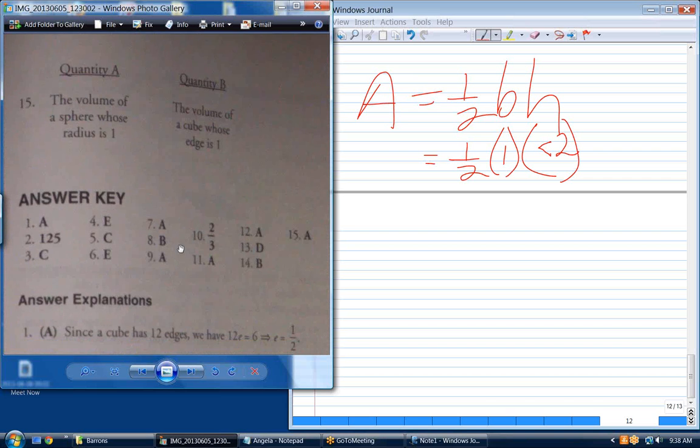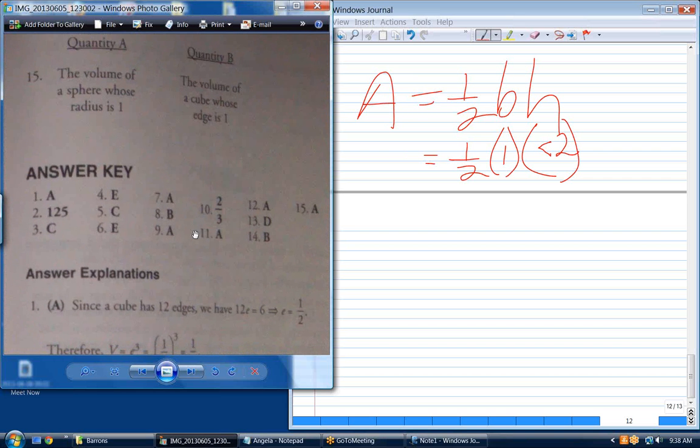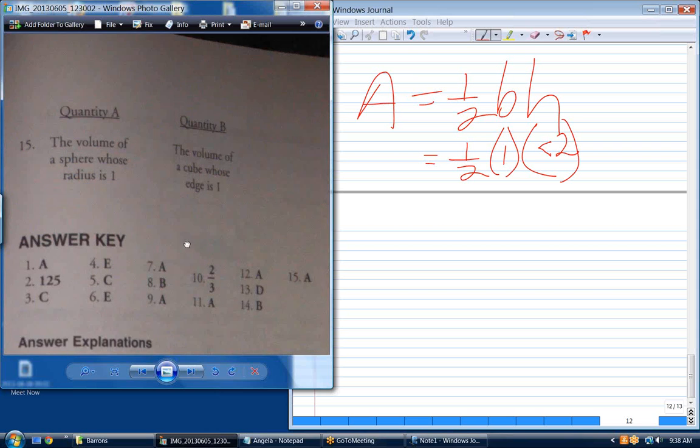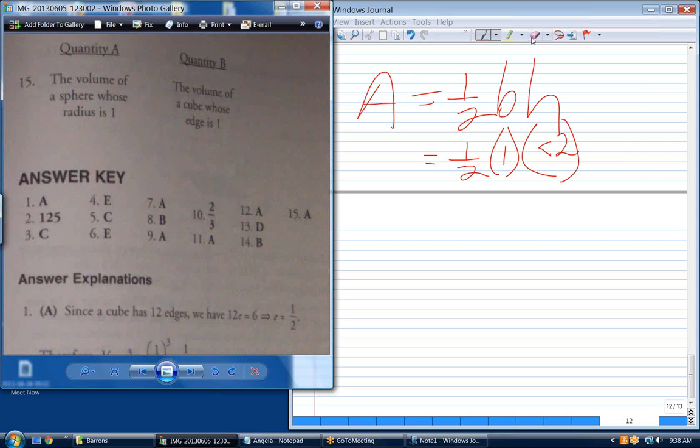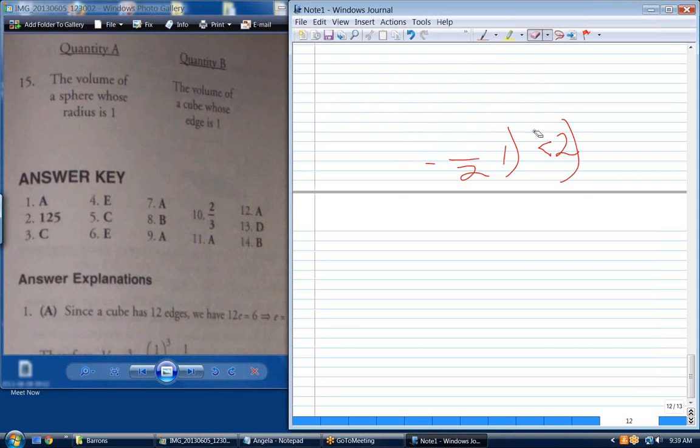Okay, let's see, we got one more. The volume of a sphere whose radius, oh well. Okay, the volume of a sphere would be bigger.